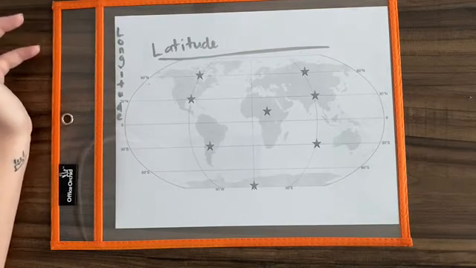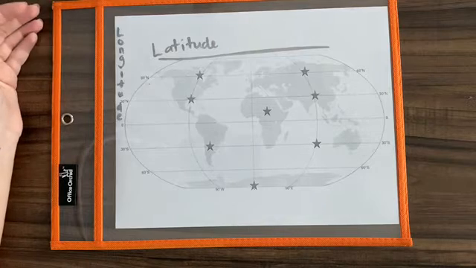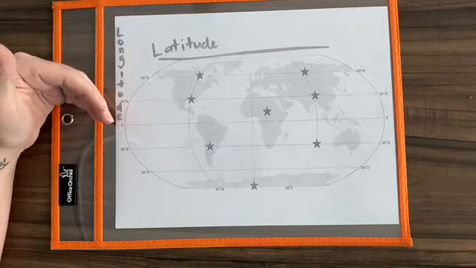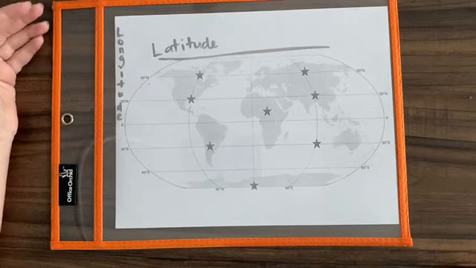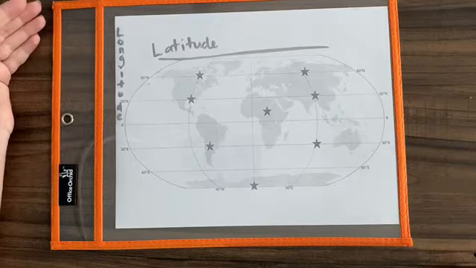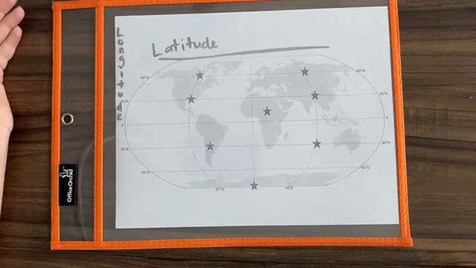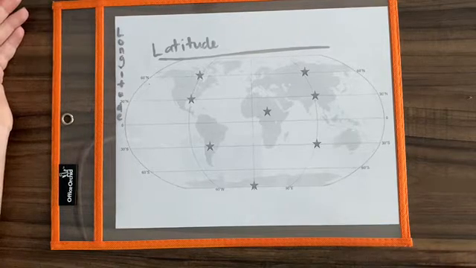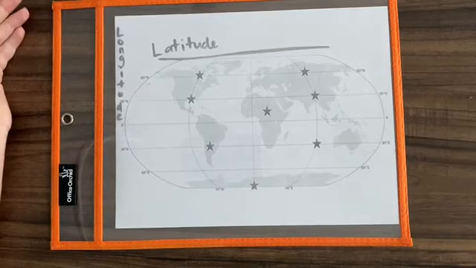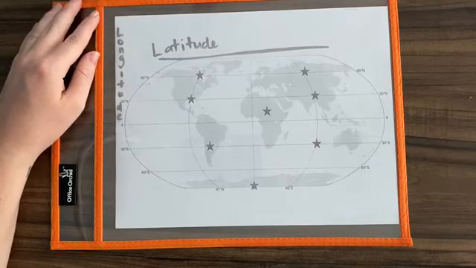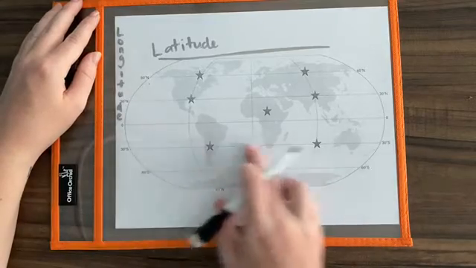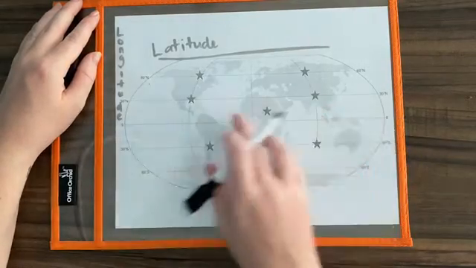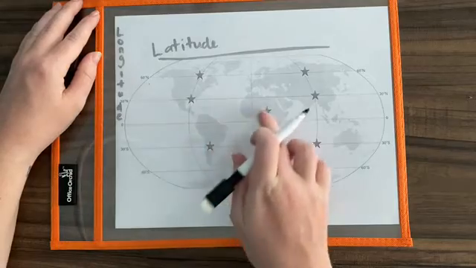This is just a good example to teach you how we're going to be using it, okay? This is sort of like in math class when you have to find coordinates on a grid. Maybe you've heard about that before, or maybe you'll learn about it sometime soon. So we are going to use the grid that's on this map to find all of these different stars.